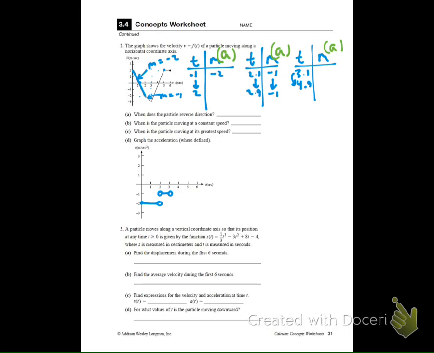So if you count up 5 and over 2, we see that the slopes are 5 halves. And 5 halves being 2.5, we just have to graph that from t equals 3 to t equals 5. The slope of the velocity curve is 5 halves, or 2.5.